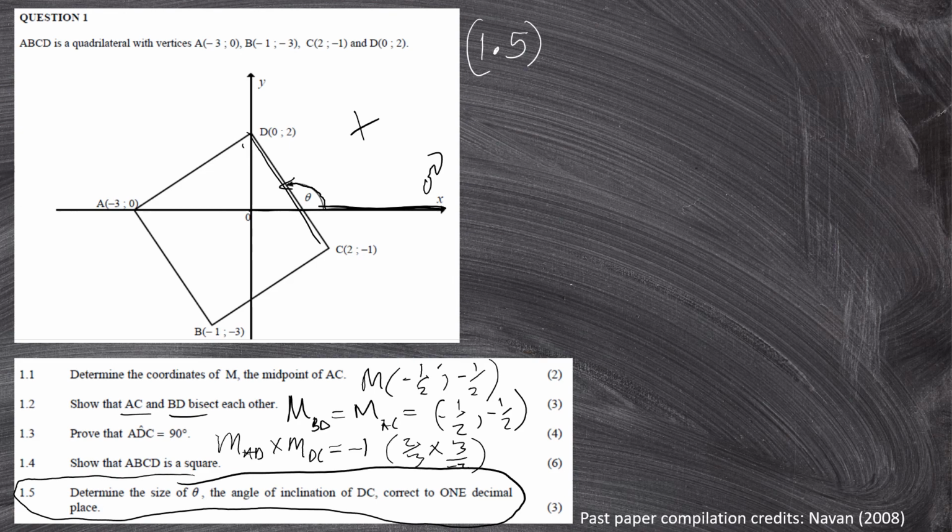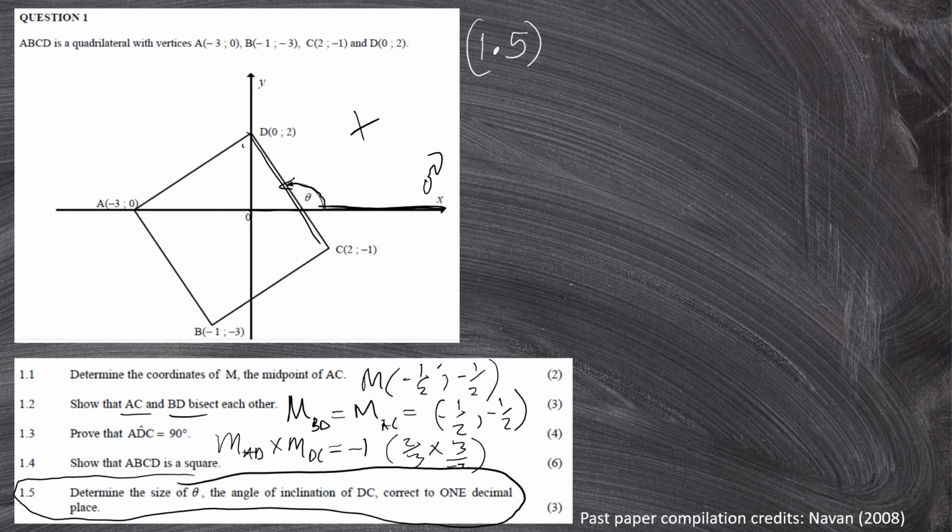Very, very important. An angle of inclination must always be positive, so if you get a negative angle, you add 180. Why adding 180? Because an angle of inclination is always between 0 degrees and 180 degrees.